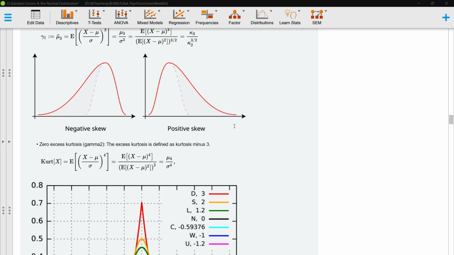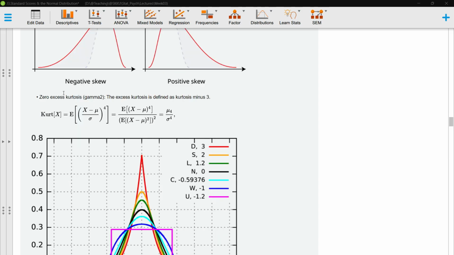In terms of the kurtosis, the normal distribution has zero excess kurtosis. The calculation of the kurtosis is the expected value of the fourth power of the standard score, and it will exaggerate the extreme values a lot, right?